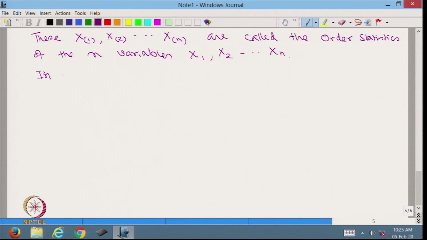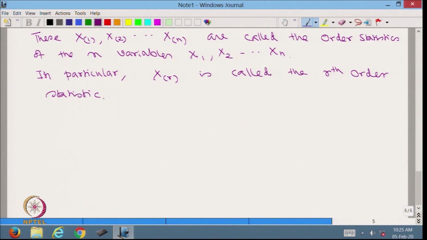In particular, x(r) is called the rth order statistic. Note that each x(i), i equal to 1 to n, is a random variable.